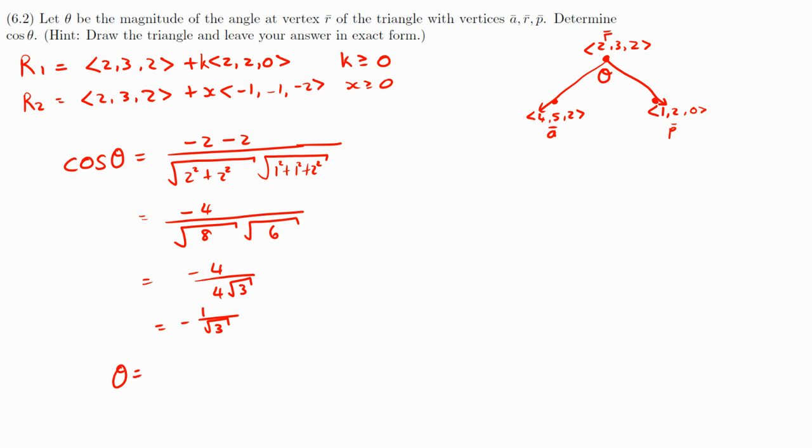Okay, so it's not even needed to calculate theta because they ask us to just calculate cos of theta. So let's just multiply above and below with the square root of 3. Then we'll get negative square root of 3 over 3. And that is our final answer.